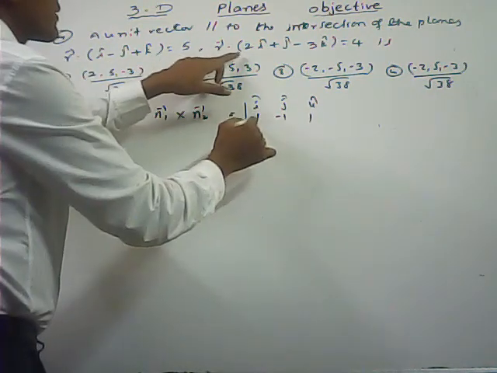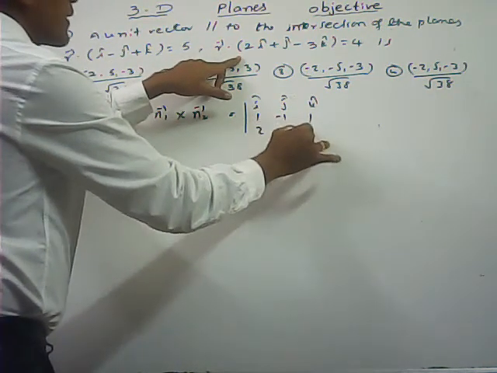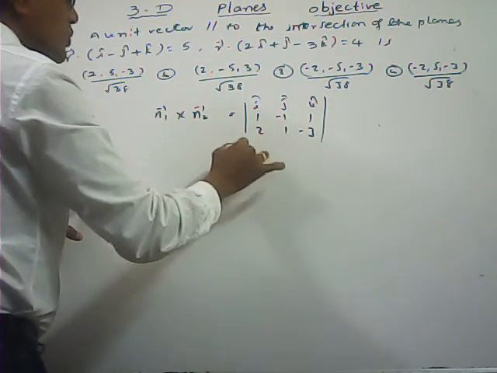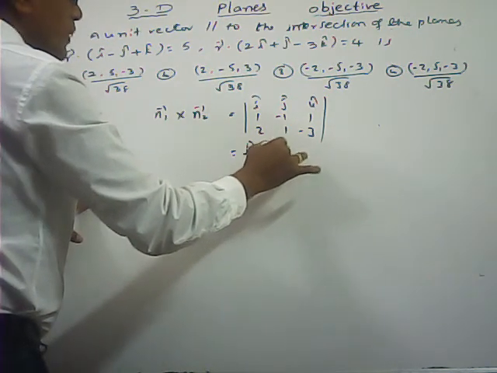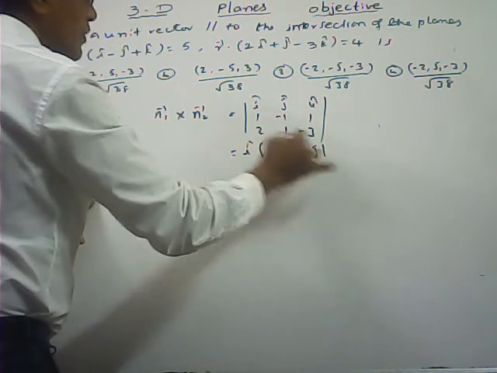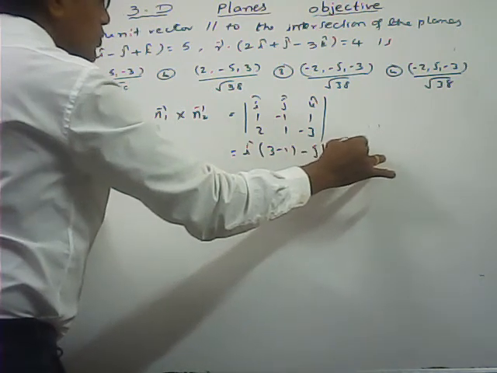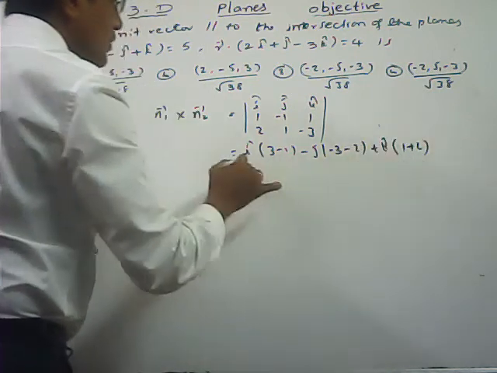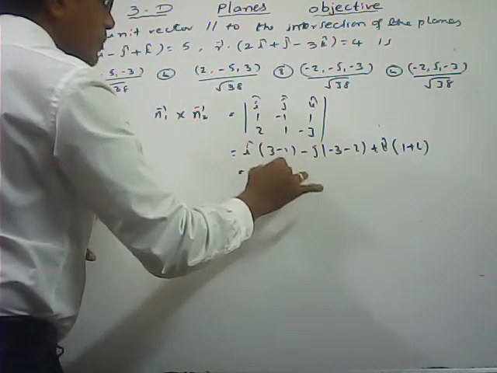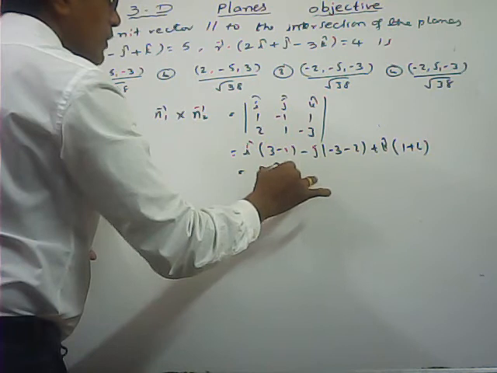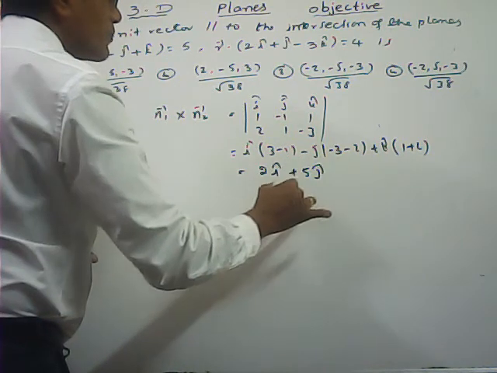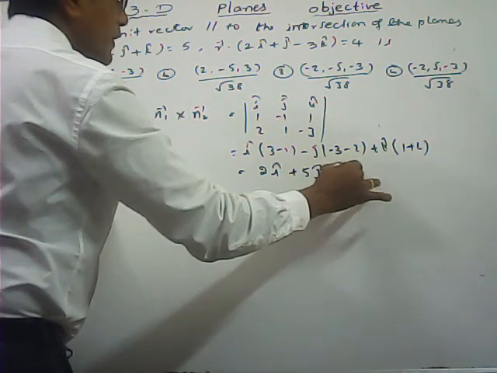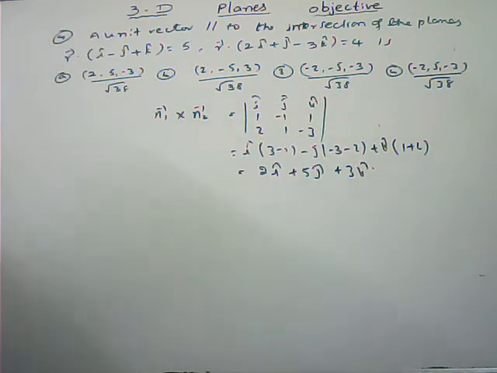Here the normal of this plane is 2, 1, minus 3. That is equal to i cap into (3 minus 1), minus j cap into (minus 3 minus 2), plus k cap into (1 plus 2). So 2i cap plus 5j cap plus 3k cap. That is the n1 bar cross n2 bar.